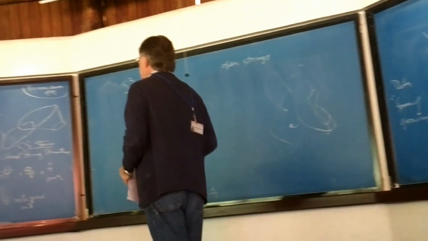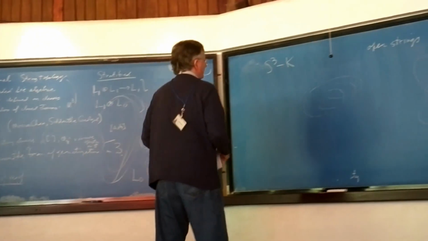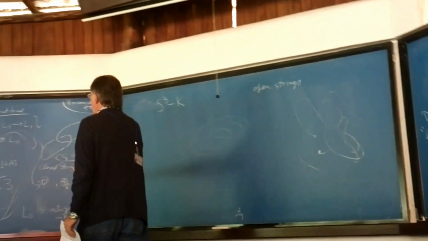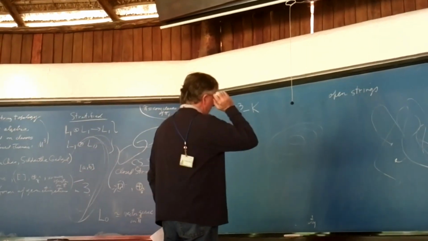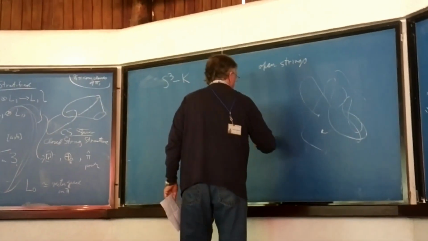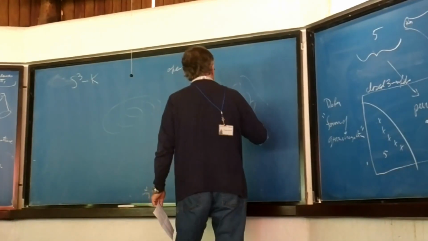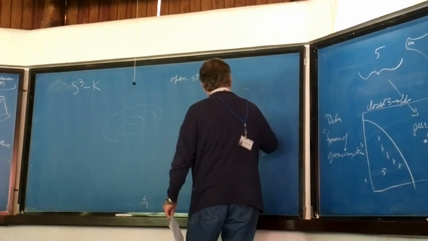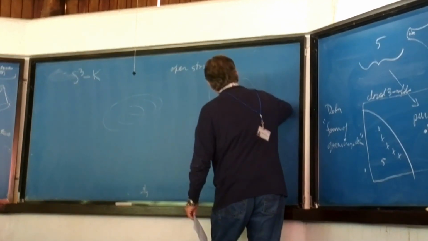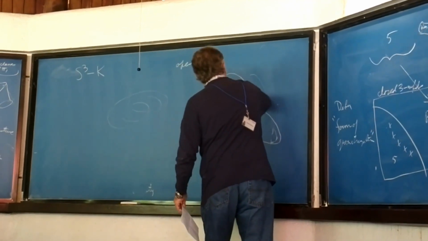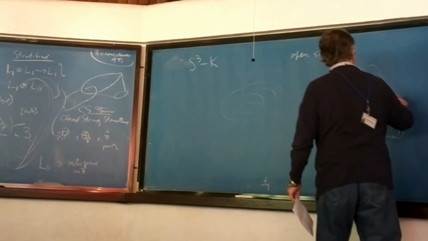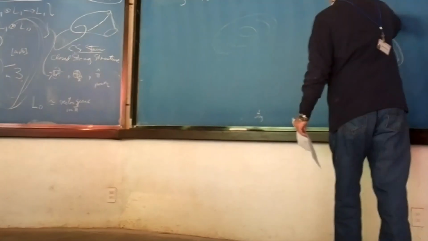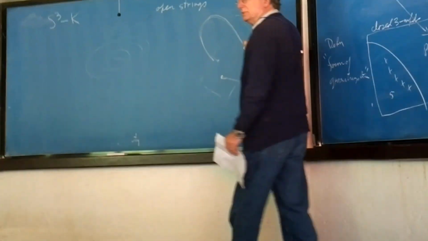Now, there's an interesting operation called cutting. It's sort of a coproduct. You might take a family of open strings, and it might actually cut through here, and cut through this thing again at this point, and then you could break it into two open strings.